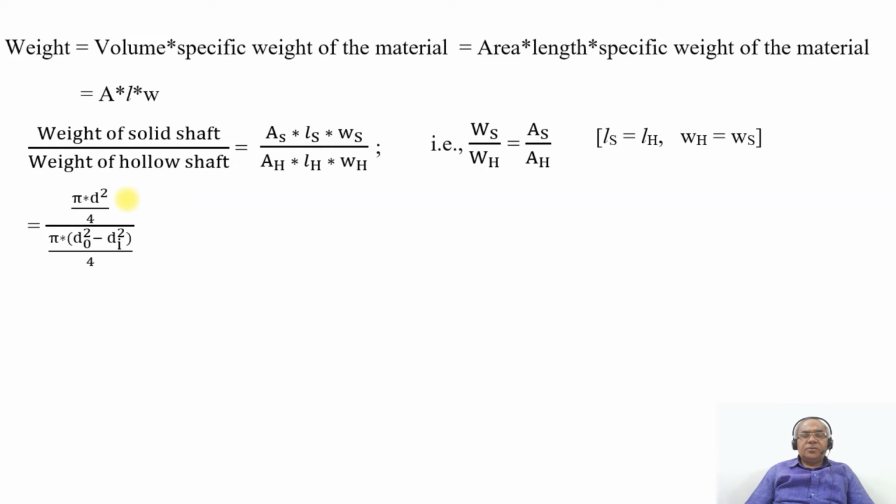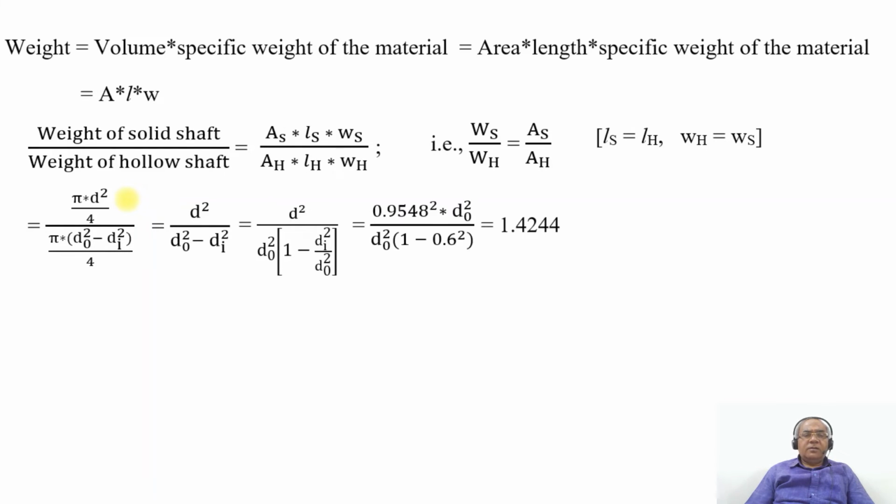Substituting, pi d square by 4 divided by pi by 4 into d naught square minus di square. Pi by 4 gets cancelled, so that equals d square divided by d naught square minus di square. Taking the common factor d naught square, that is d square divided by d naught square into 1 minus di by d naught, the whole square.